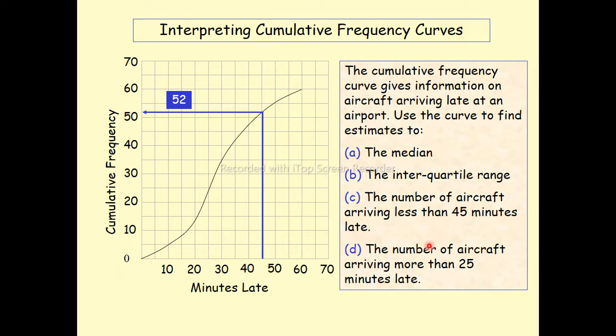Okay, now we want the number of aircraft arriving more than 25 minutes late. Now this is interesting, so you have to think about it. It has to be more than 25 minutes. So the upper limit is 70 then, and the lower limit is 25.